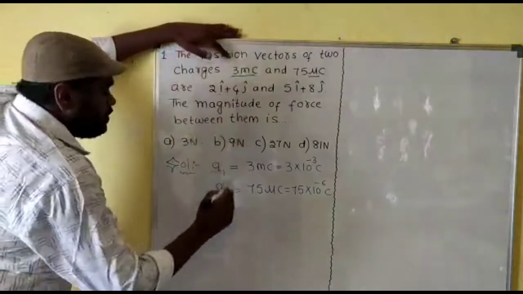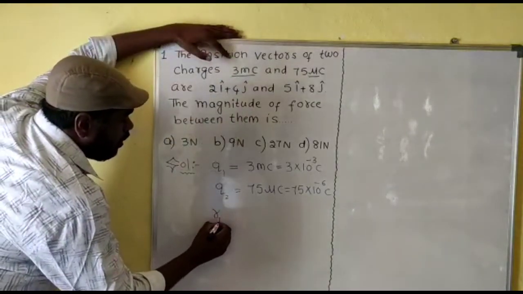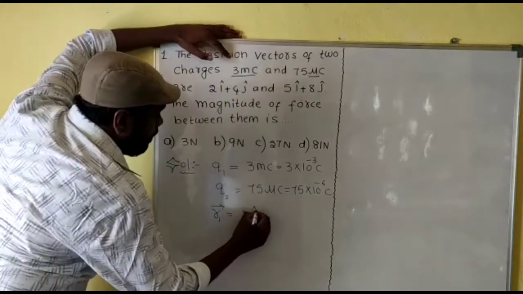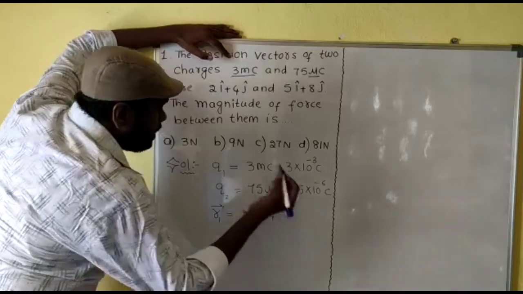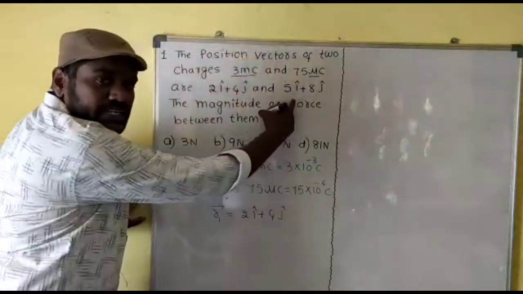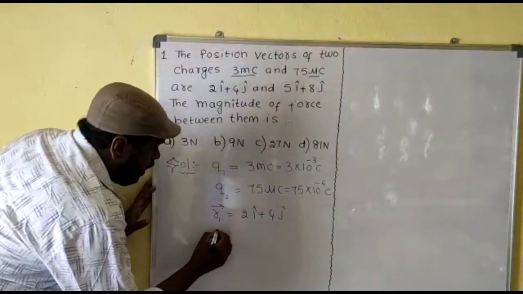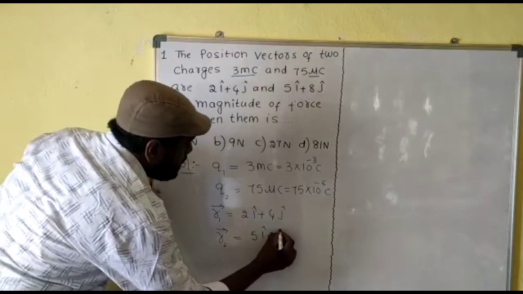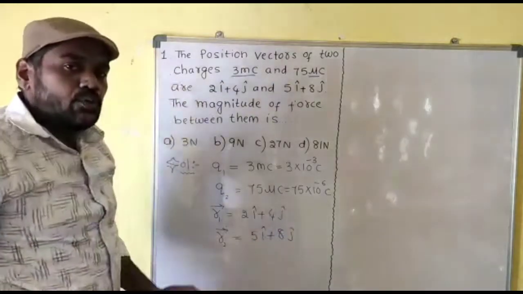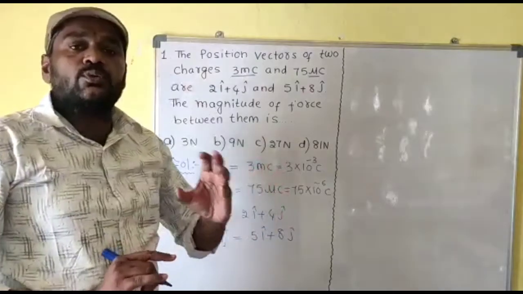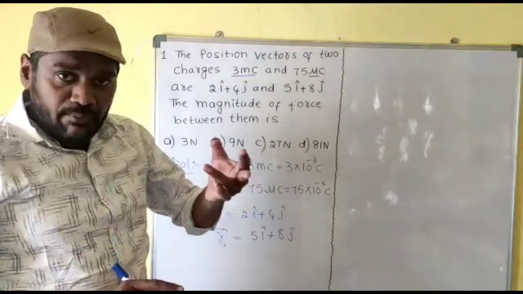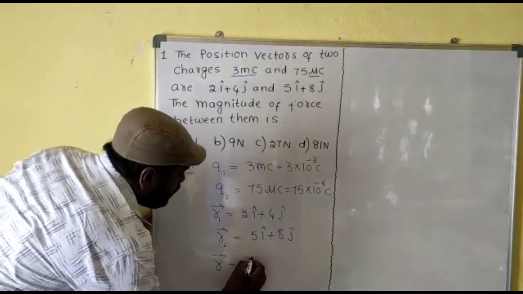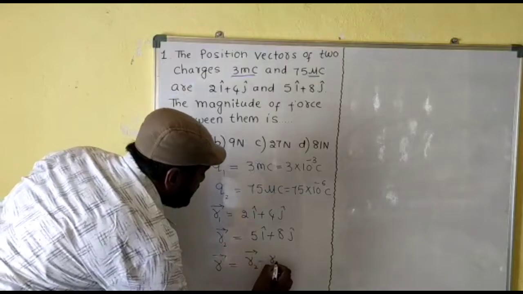Now the position vector of the first charge is R1 bar equals 2I cap plus 4J cap, and the position vector of the second charge is R2 bar equals 5I cap plus 8J cap. But we don't want the position vectors of the two charges, we want the position vector between them. R bar is equal to R2 bar minus R1 bar.